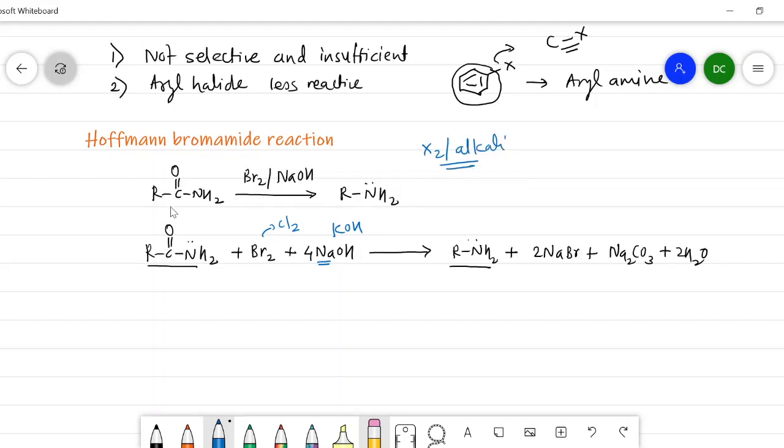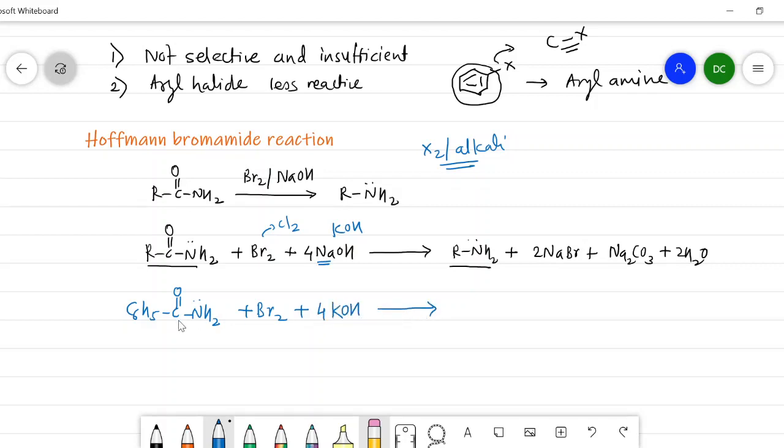Then RCONH2 is converted into RNH2 in presence of X2 and alkali. This is also a Hofmann reaction. Now I will put here C6H5CONH2 plus Br2 plus, I will write here, 4KOH.